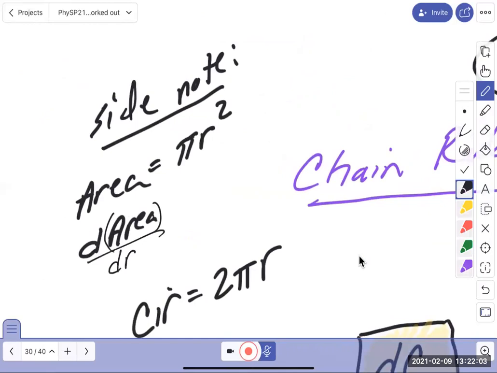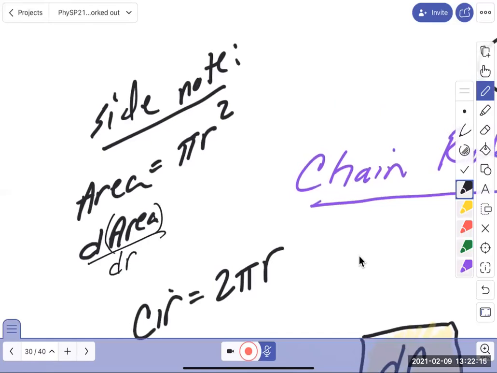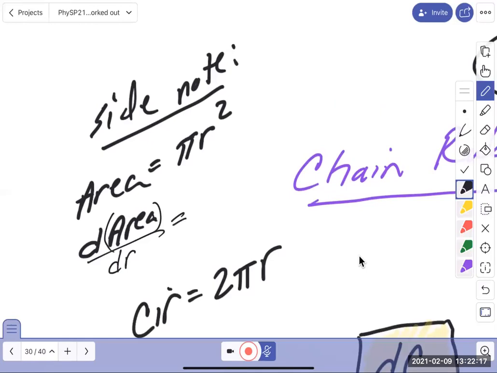I can't say area dot, because to say dot, like x dot, v dot, a dot, it has to be in relationship to time, but a lot of times it's not. So this is a perfect example. If I take the derivative of area with respect to radius, I bring the 2 down, and then you subtract 1, and that's 2 pi r.